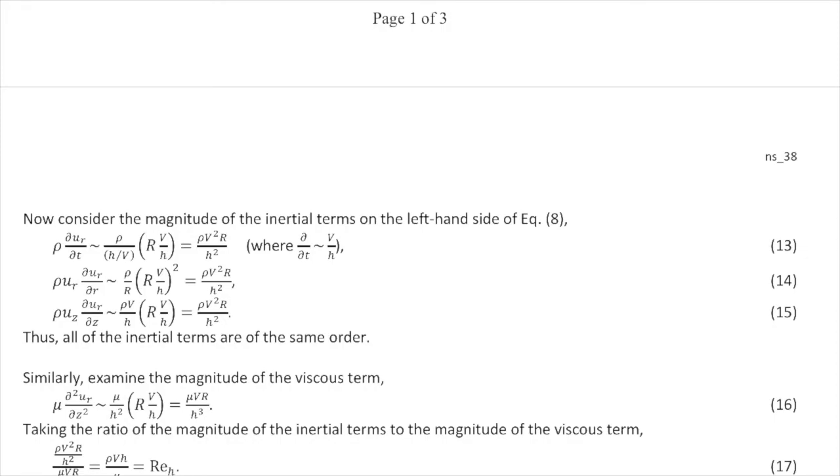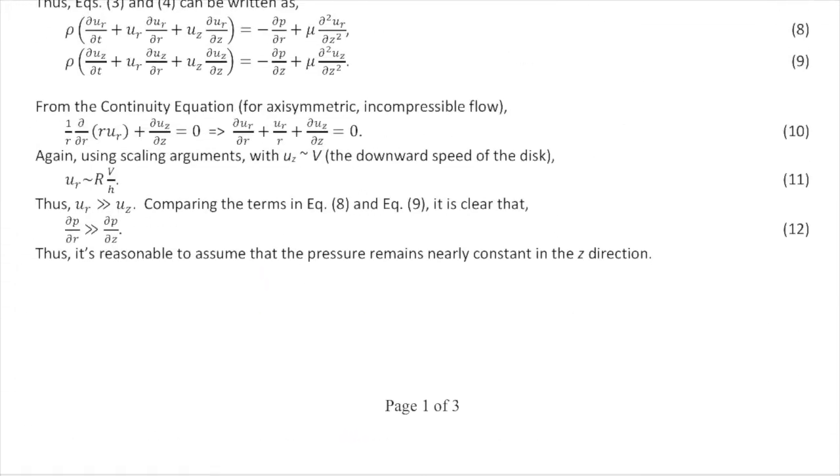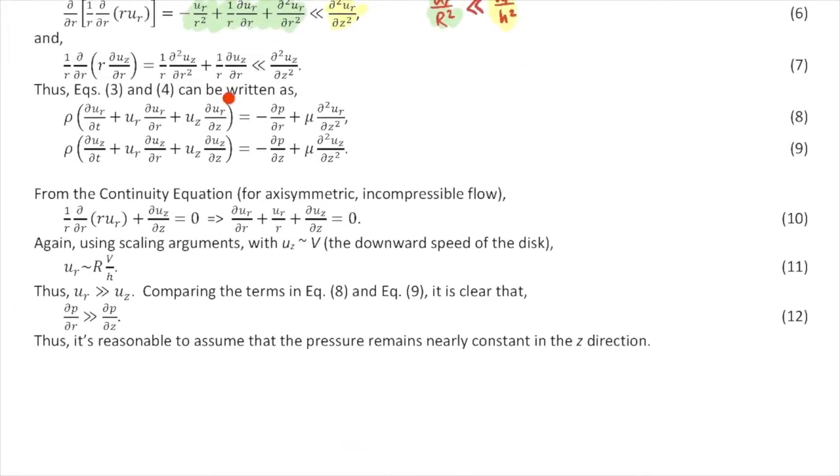Now we'll do some more scaling arguments. The next thing I want to do is consider the magnitude of the inertial terms. So let me go back up to the equation here. What I mean by inertial terms are these terms here. What I want to do ultimately is compare the magnitude of these terms to the magnitude of the viscous term. So for example, let me just pick this term.